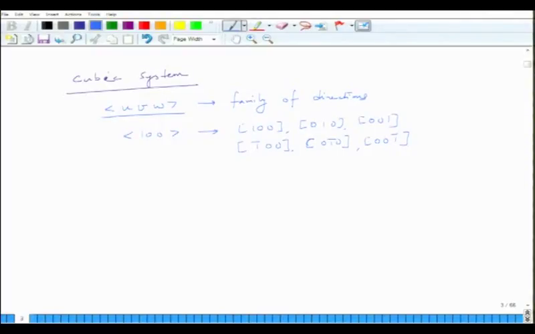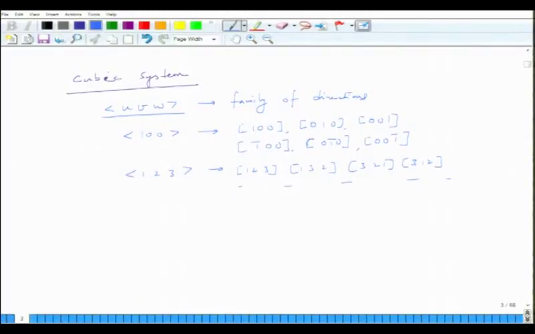Similarly, for the 1 2 3 direction you have multiple possibilities: 1 2 3, 1 3 2, 3 2 1, 3 1 2 and so on. You can keep writing the possibilities and you will reach 48 possibilities.